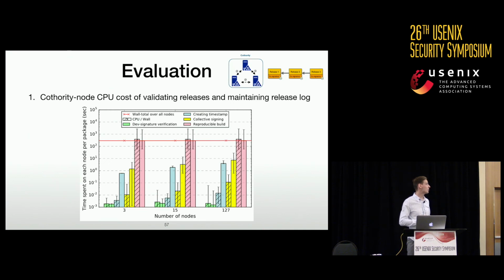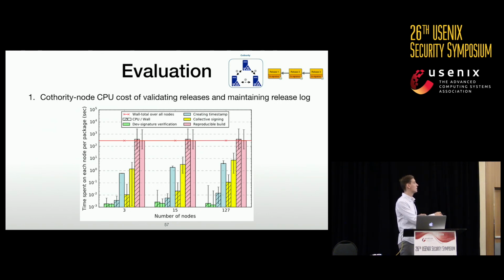And when we measured what it takes, on the x-axis you will see the size of the Cothority. The 3 is basically what's on the picture, 15 is slightly bigger, and then 100. And the time is on the y-axis. Basically, you can see that the reproducible builds, or deterministic builds, dominate the validation time.